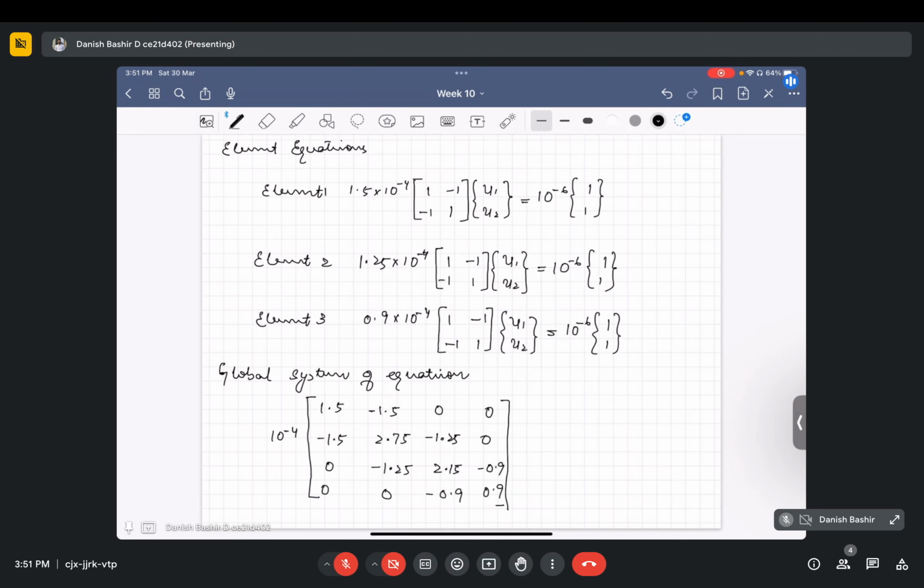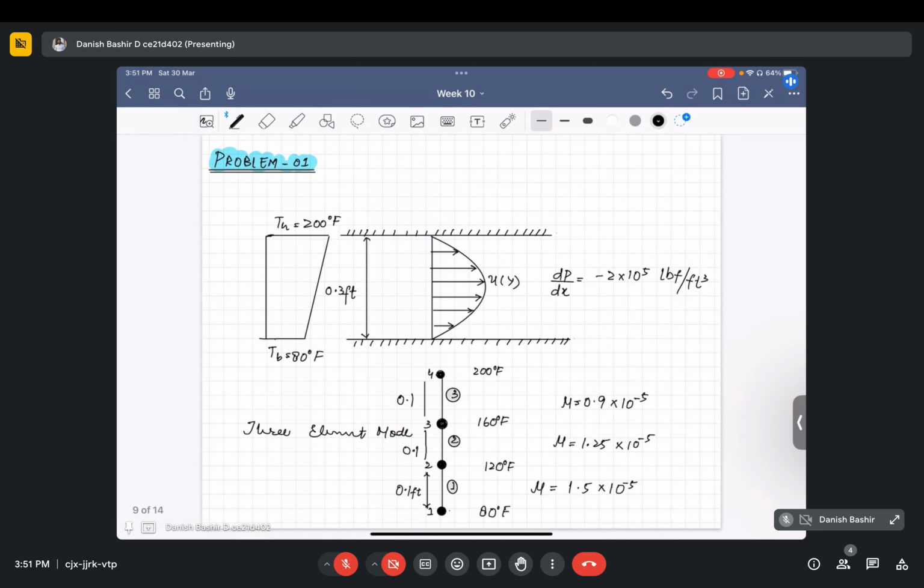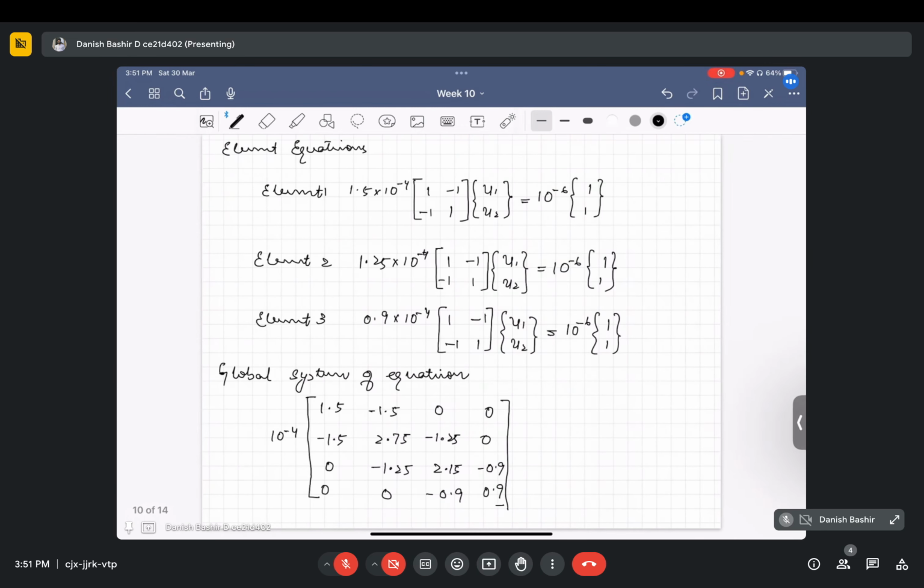And we have four variables, that is u1, u2, u3, u4. And you know that u1 is equal to 0 and u4 is equal to 0 because of the boundary condition. Velocity is 0 at the two end points.